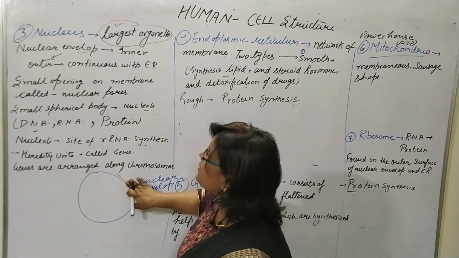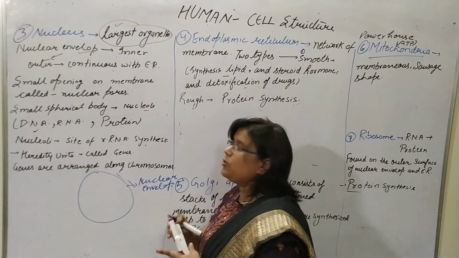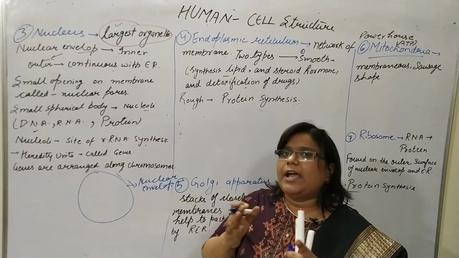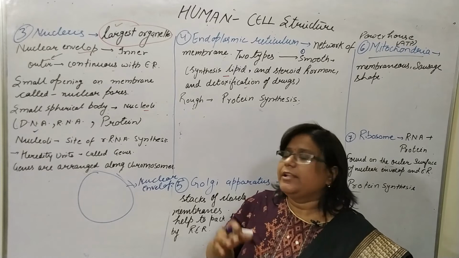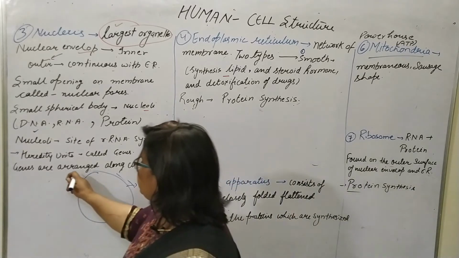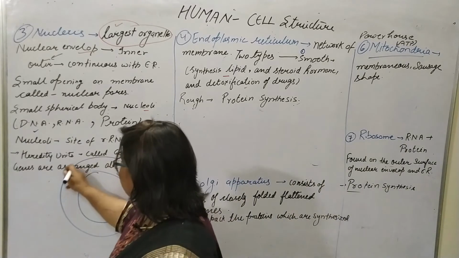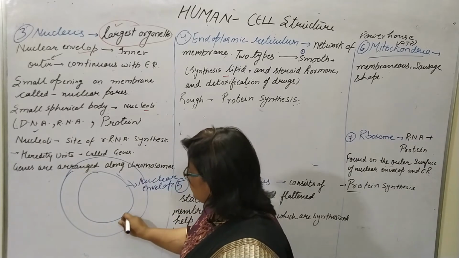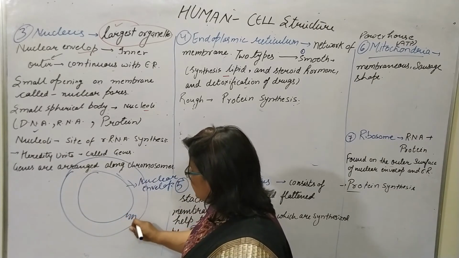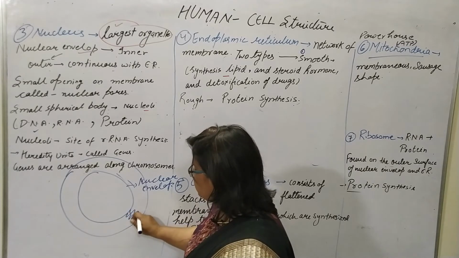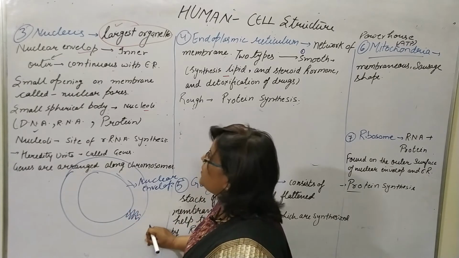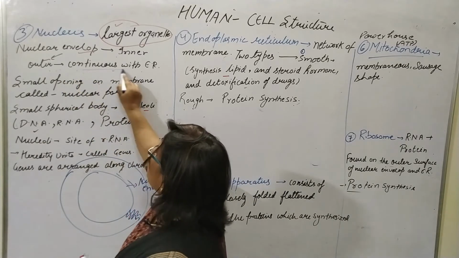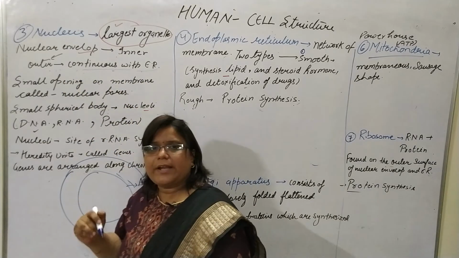So the nuclear envelope is surrounded by two layers, outer and inner, and the outer layer is continuous with the endoplasmic reticulum. Suppose the outer structure is the cell; the nuclear outer membrane is continuous with the endoplasmic reticulum.